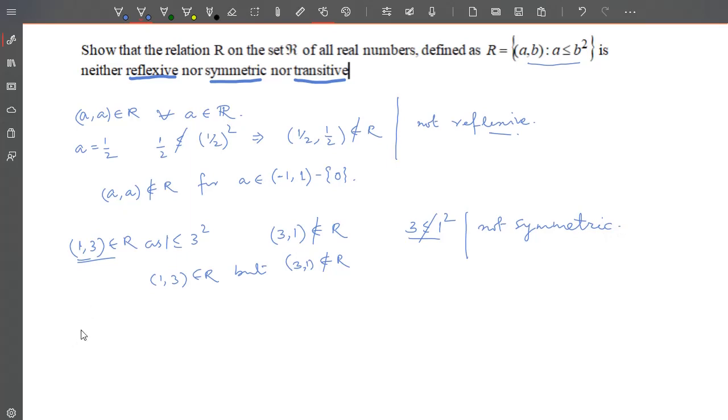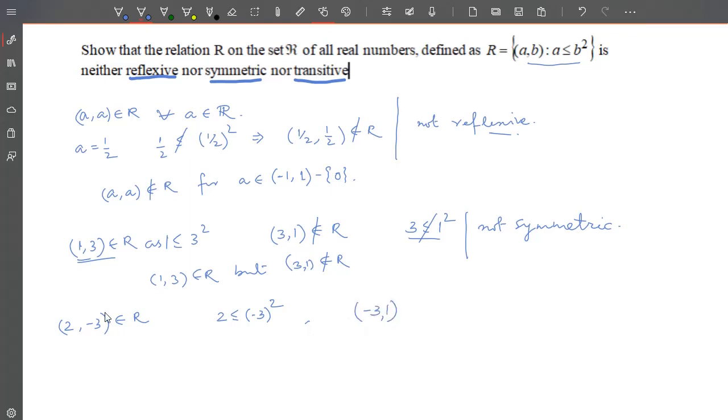For transitivity, let us take (2, minus 3). Are they related? Let us check. 2 is less than or equal to minus 3 square. Correct? Yes. So (2, minus 3) is related. Now (minus 3, 1).